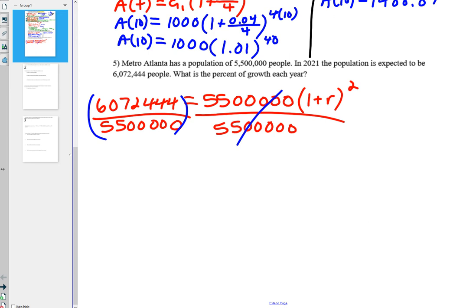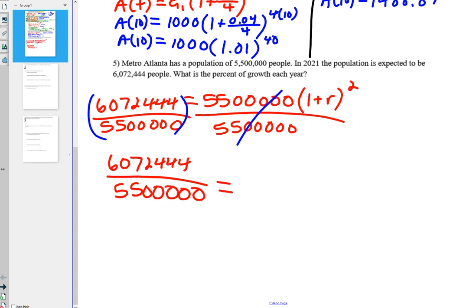So we have that 6,072,444 over 5,500,000 is equal to 1 plus R squared. What would be the next step? Not divide. I need to get the R by itself.